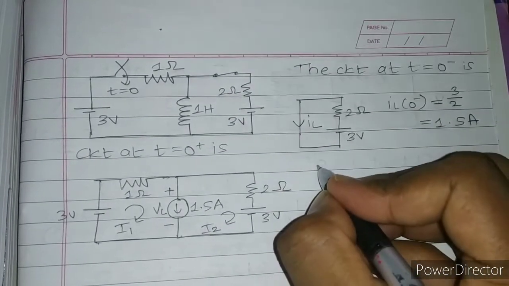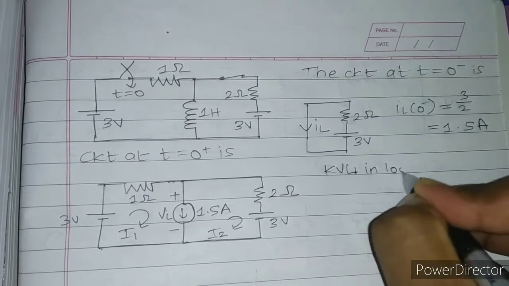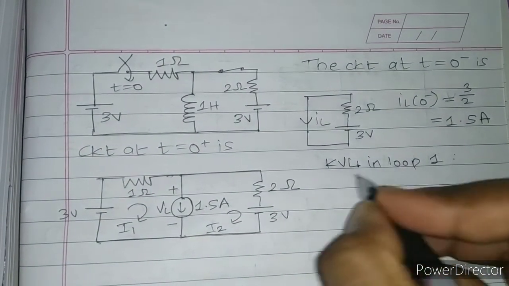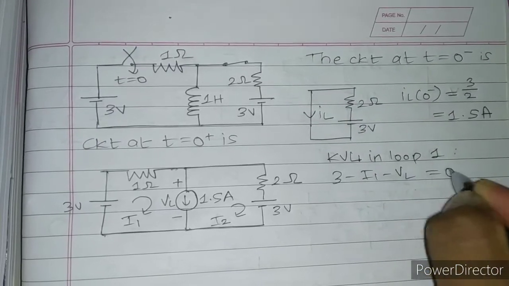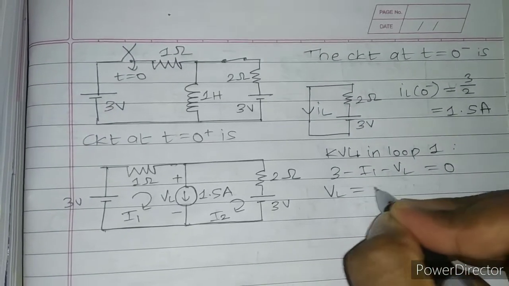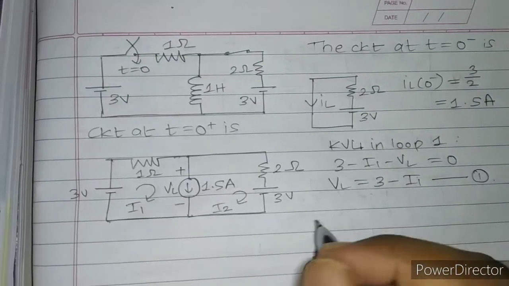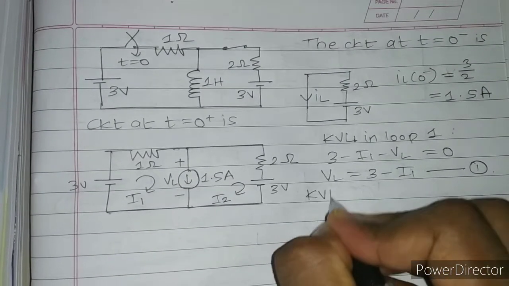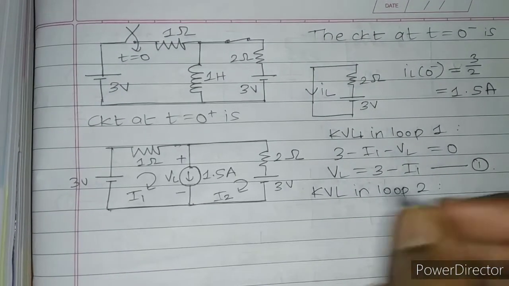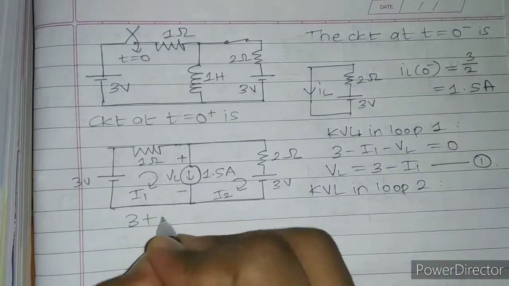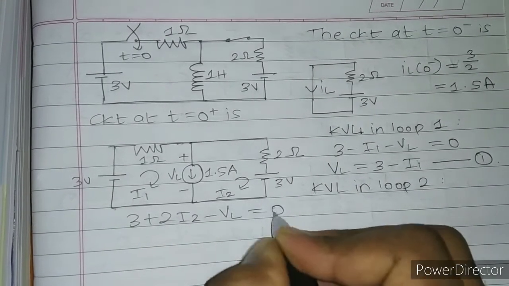So now by KVL in loop 1, we get 3 minus I1 minus VL is equal to 0. Therefore VL is equal to 3 minus I1. Let's name this as the first equation. Now by KVL in loop 2, 3 plus 2I2 minus VL is equal to 0.